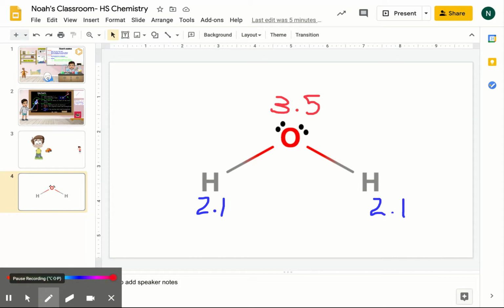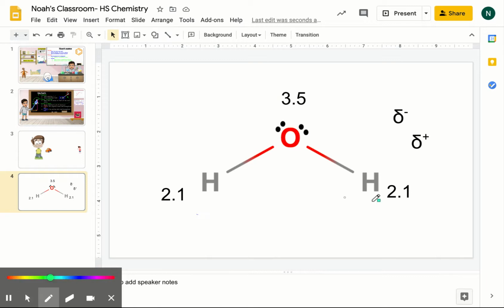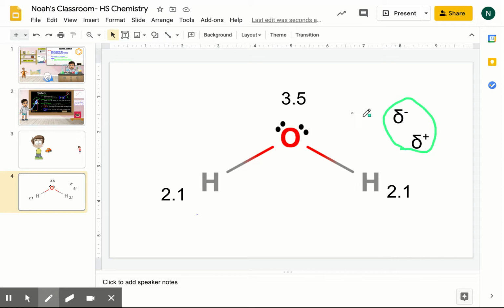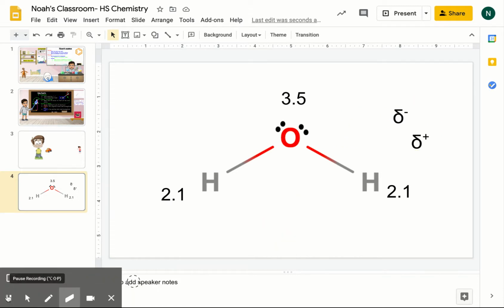Now, how do we represent this? We represent this by using the Greek letter delta, which we see right over here. Typically scribbled something along... Ooh, that was a bad one. Let's try that again. Something usually along the lines of that. Now, delta is a typical meaning for a partial charge, right?